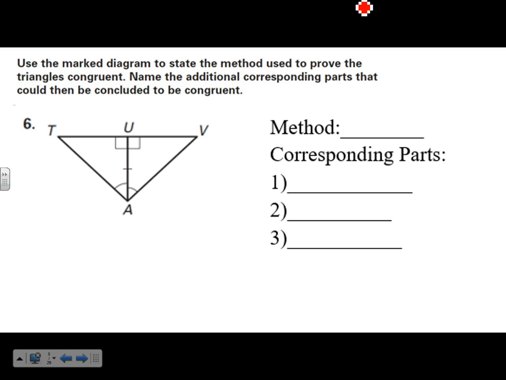So again, I know that triangle TUA is congruent to triangle VUA. And I know that because of angle, side, angle. We have angle, side, angle. So let's see, we have angle T is congruent to angle V. We know that since they're congruent.